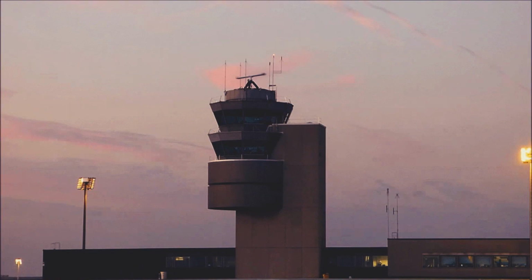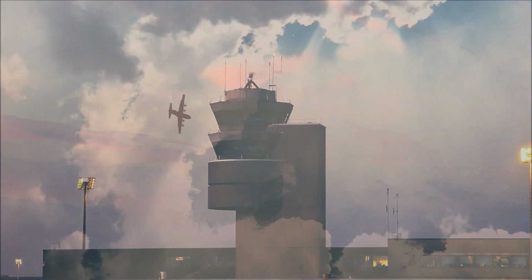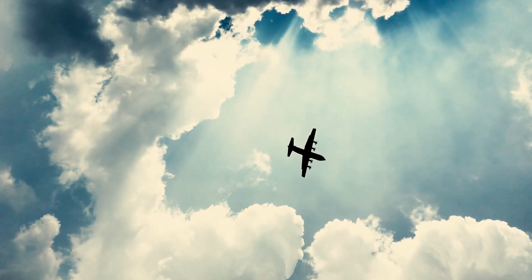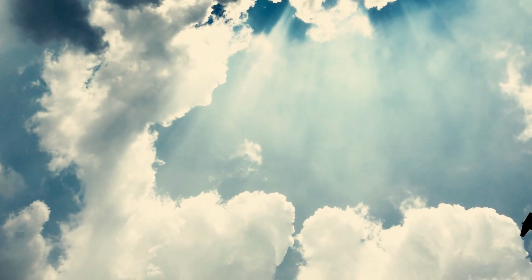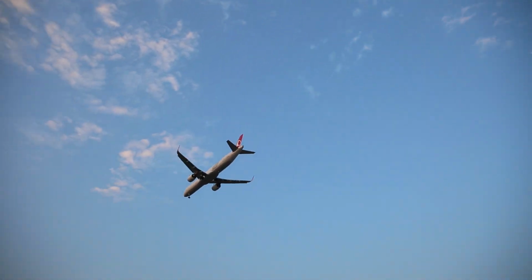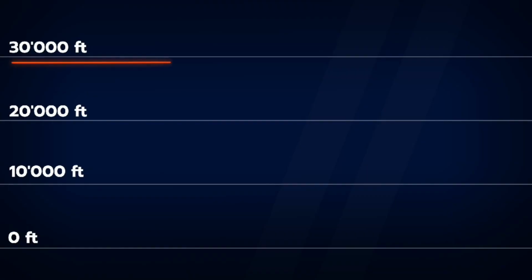Contact with the aircraft was lost over the city of Wuzhou. At 14:22, while approaching its top of descent into Guangzhou, the aircraft entered a sudden steep descent from 29,100 feet.